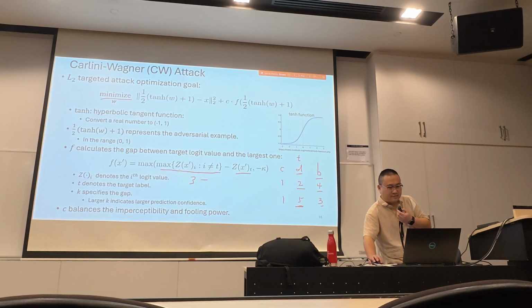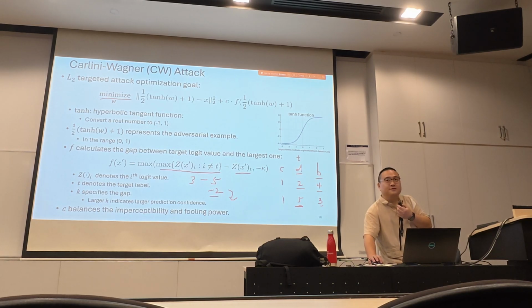That's 3 minus 5, so now the gap is minus 2. If we continue the optimization, this gap just goes smaller and smaller toward minus infinity. That's not what we want, because empirically, if we make the gap too large, we will introduce too much distortion. Therefore, we need to control the gap.